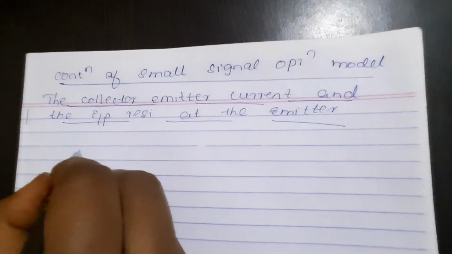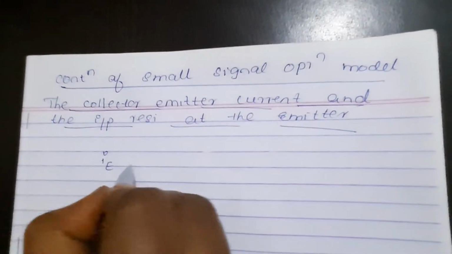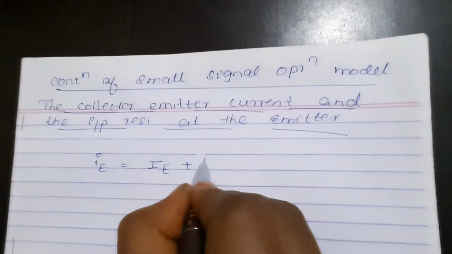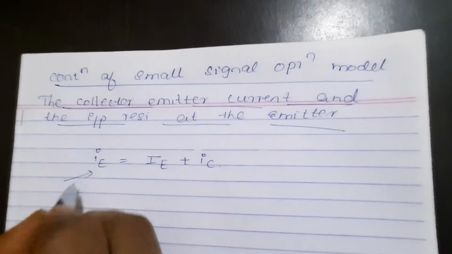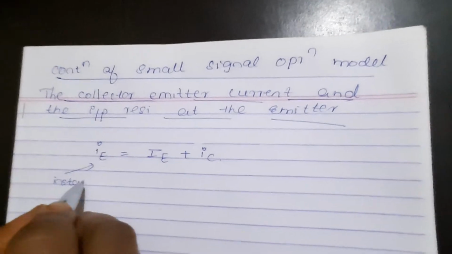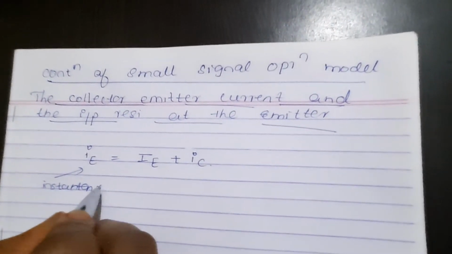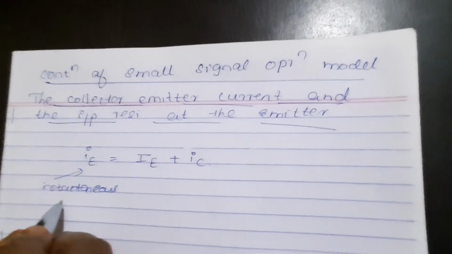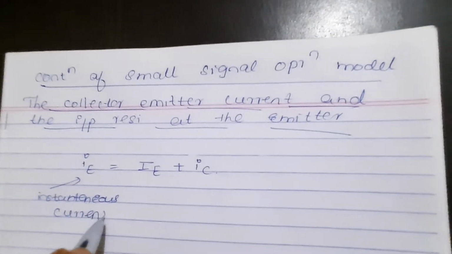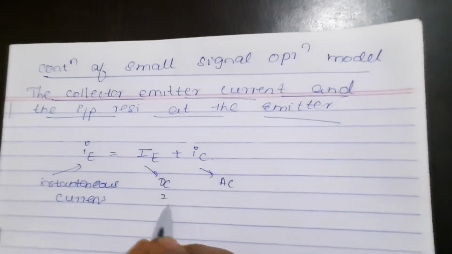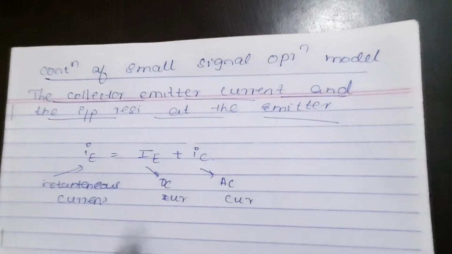We know that the instantaneous emitter current iE is denoted as IE, the DC current, plus the AC current. The iE is the instantaneous current, which equals DC current plus AC current.